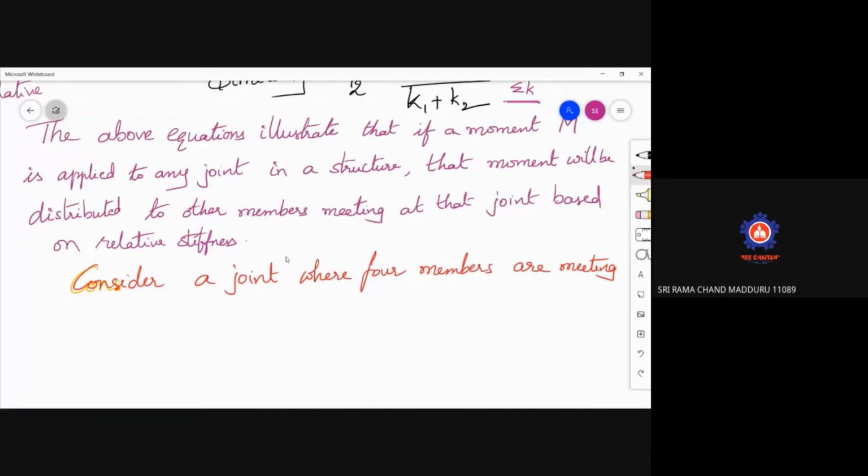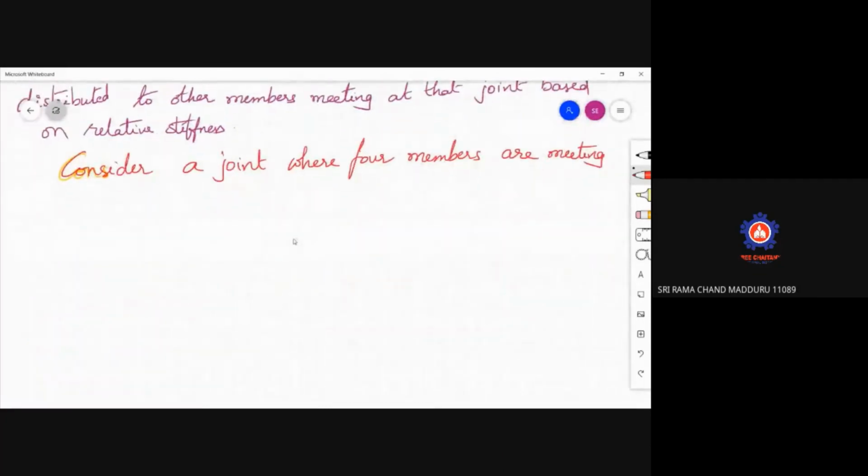That means at joint C, CA is there, CB is there. Now I am considering a joint in such a way that this is a joint. Here one member is going and the far end is fixed. Here another member is there, this is also fixed. This is another member, this is also fixed. Remember, far end is fixed.